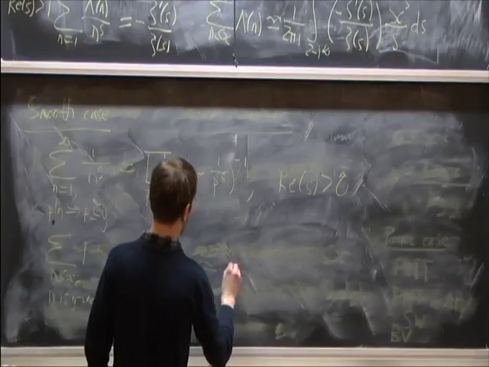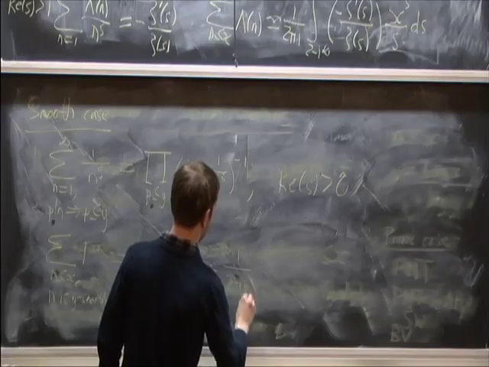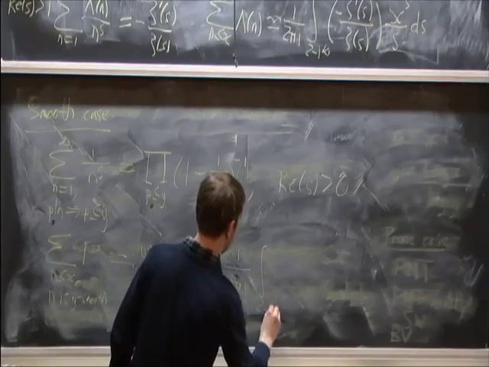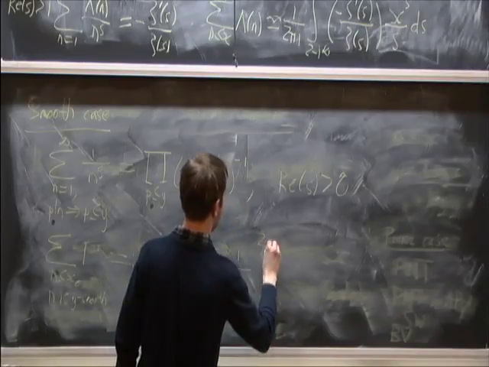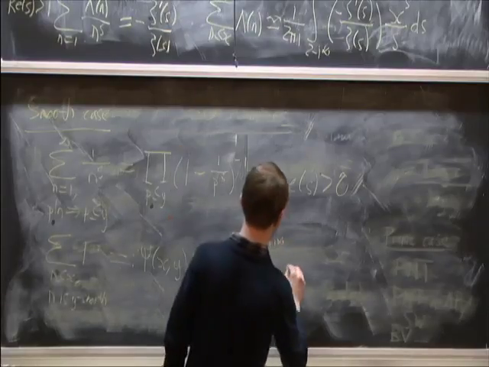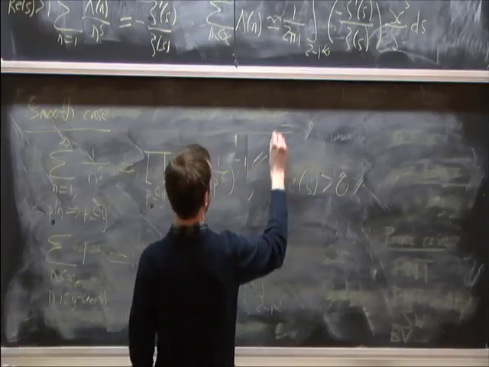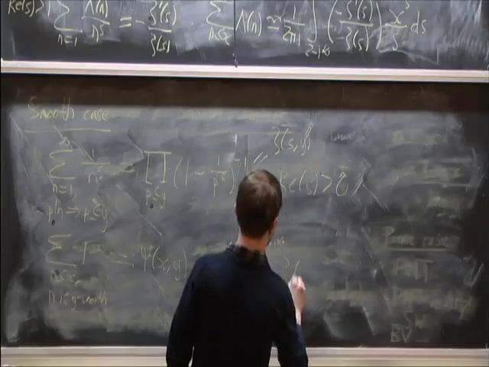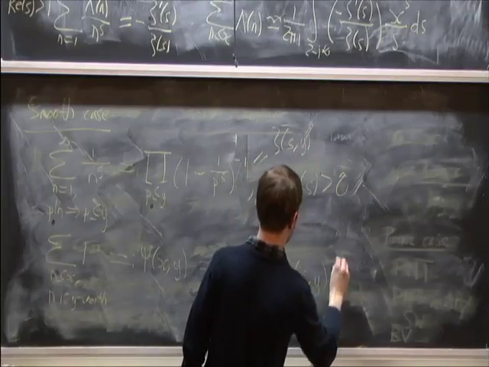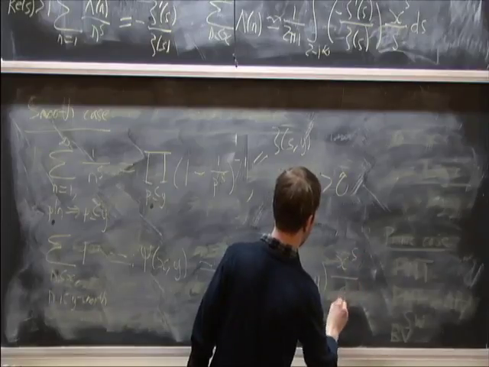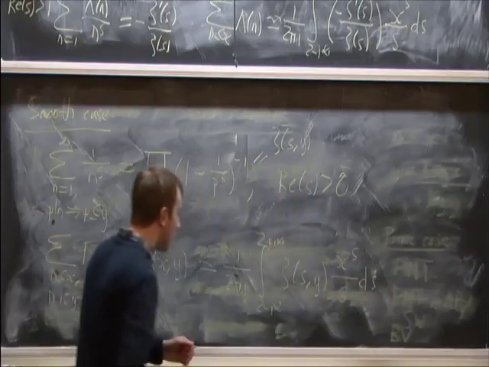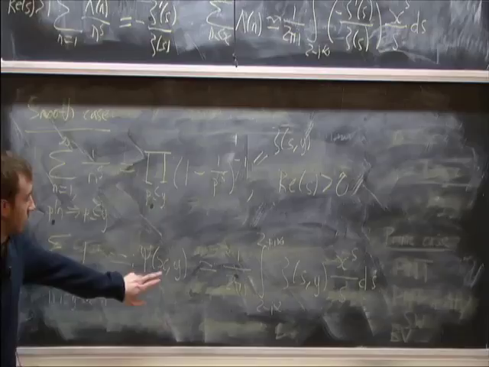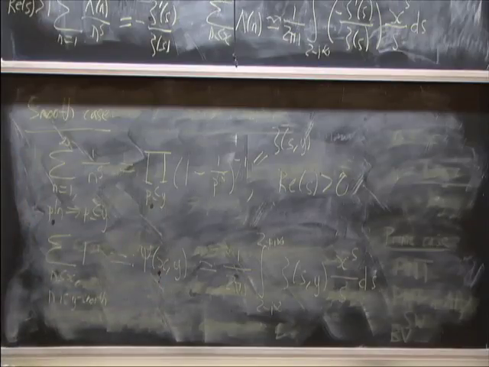And this is more or less like a contour integral of x^s zeta(s,y) over s, so we'll call this zeta(s,y). Right. So we have the thing we want expressed as a contour integral.